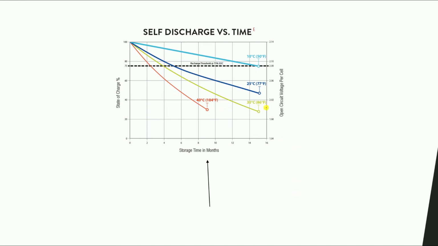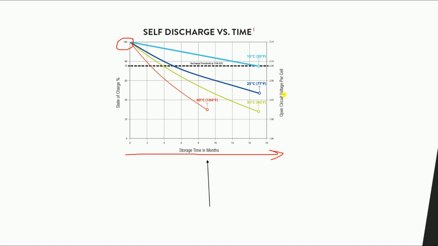Then we have the self-discharge curve, which we talked about before. If we have a battery with 100% state of charge, fully charged, then we start storing it for a couple of months. You will find that the state of charge will start decaying with time, as you can see here. Why is this?